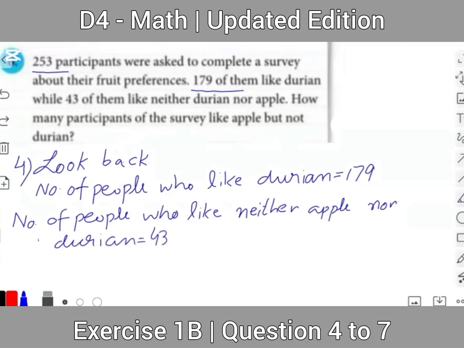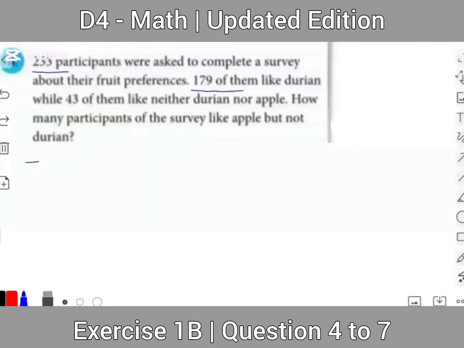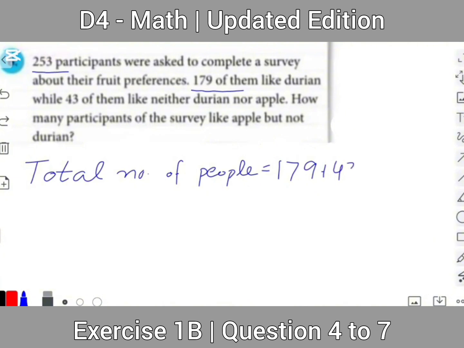And the number of people who only like apple is equal to 31. Now the total number of people will be equal to 179 plus 43 plus 31, and it adds up to 253.